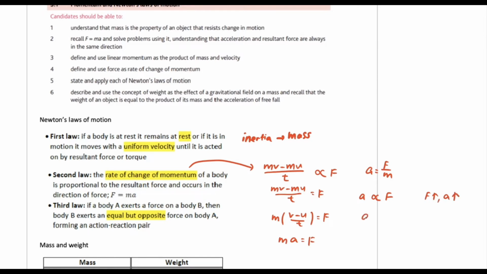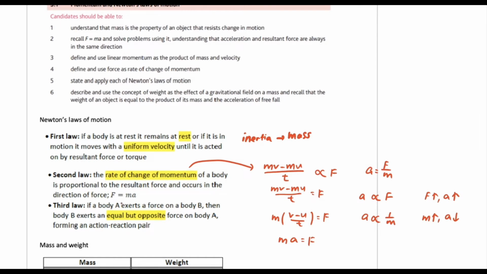Acceleration is inversely proportional to mass. The greater the mass, the lower the acceleration. Something heavy could hardly accelerate. So you can see the second law in this way sometimes. This is one version, and this is another version. Now we look at the third law.